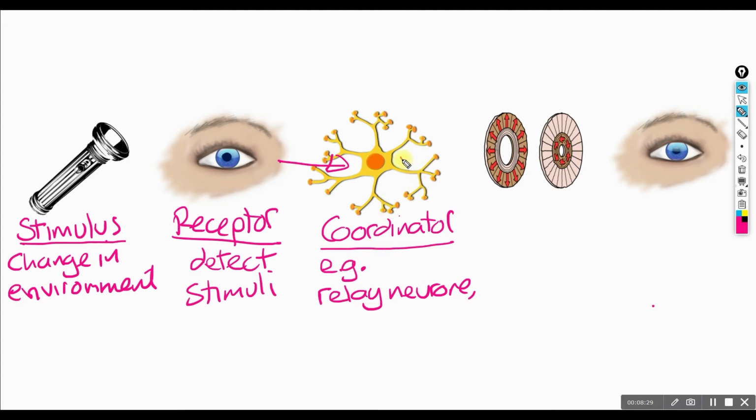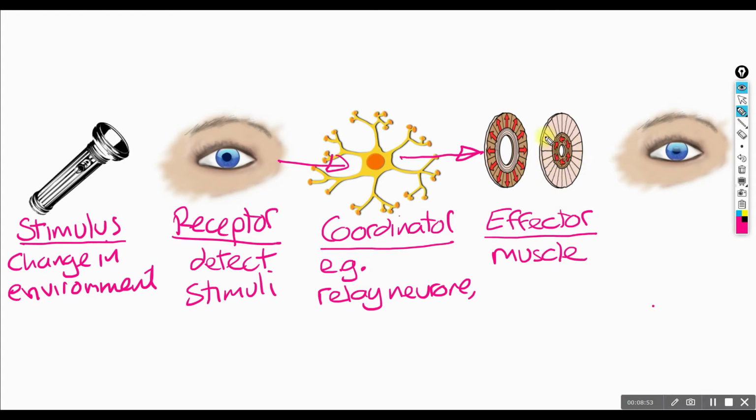So the coordinator will send a signal to something called an effector. And an effector is something that causes a response. And it's usually a muscle.